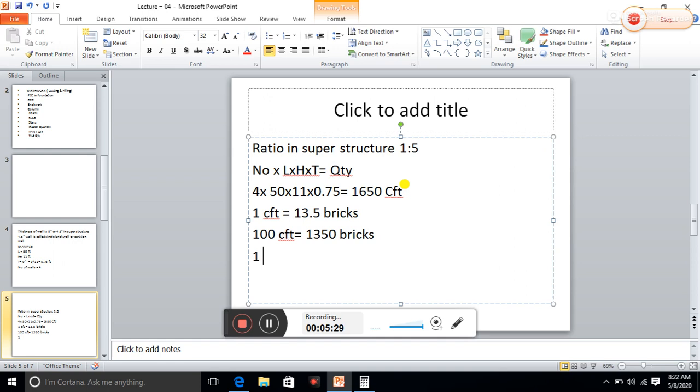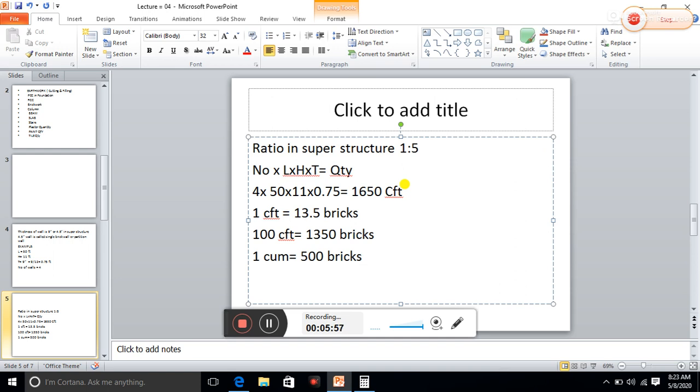And 1 cubic meter is equal to 500 bricks. So there are 13.5 bricks in 1 cubic feet, in 100 cubic feet there are 1350 bricks, and in 1 cubic meter there are 500 bricks.